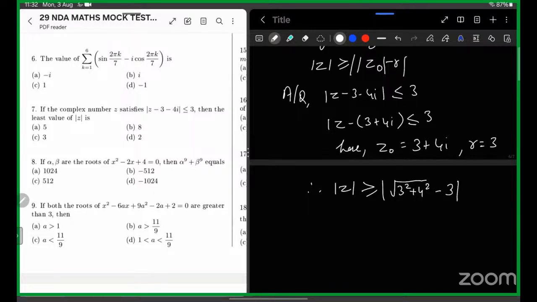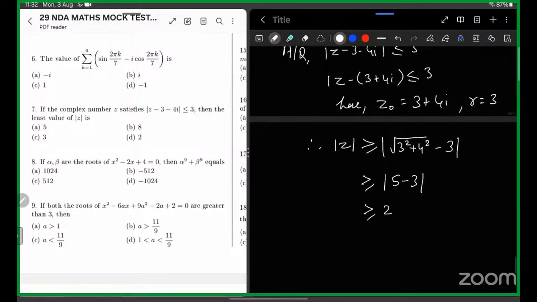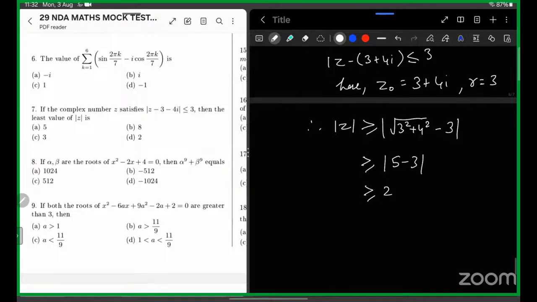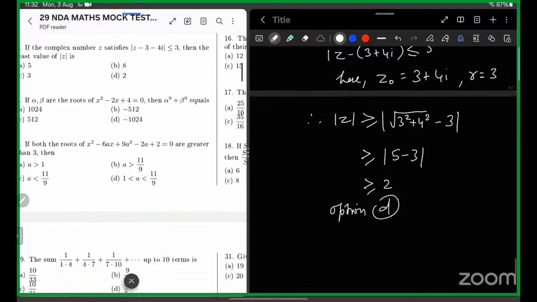R value, that is 3. So how much are you going to get if you solve it? 3 square plus 4 square is 5, minus 3, that is 2. Here is option number 2. Option D is 2. Tick option number D. Okay, fine.